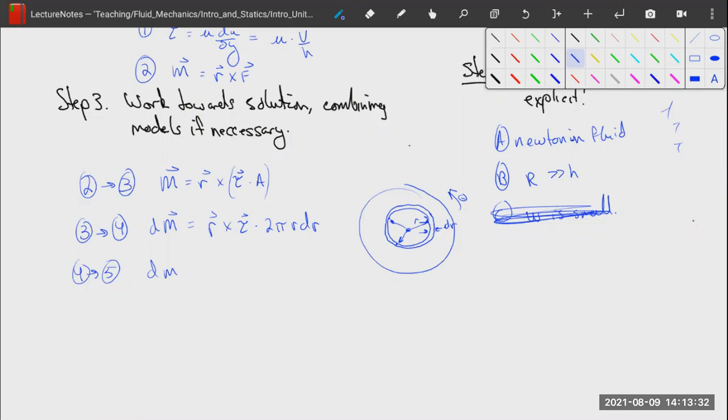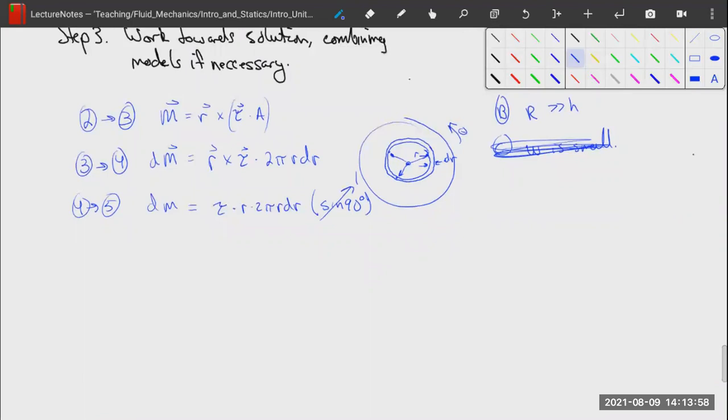So when we take the cross product, the result is just the multiplication of those two things. So we can just write that dm is equal to tau times r times 2 pi r dr. If you want to be technical about it, there's actually a sine of 90 degrees in there, but that's just equal to 1, right?